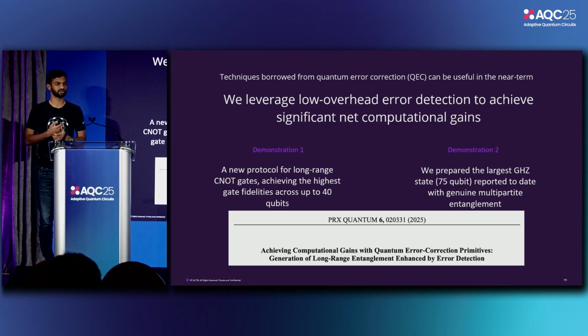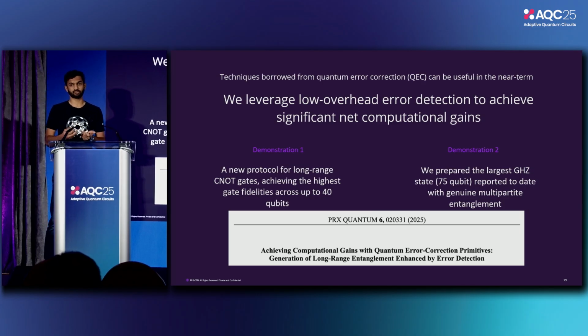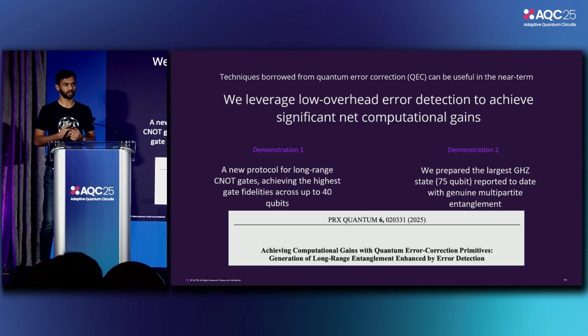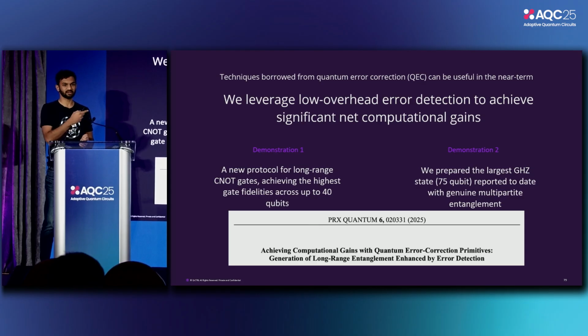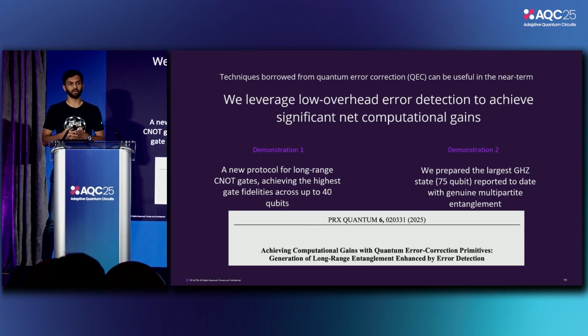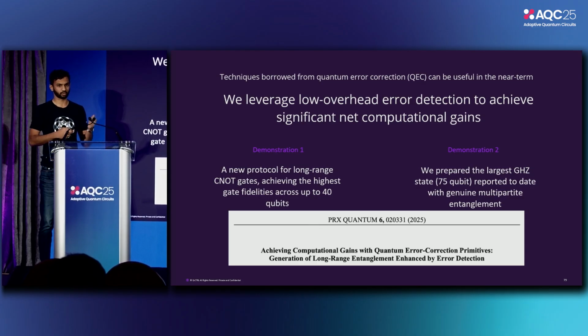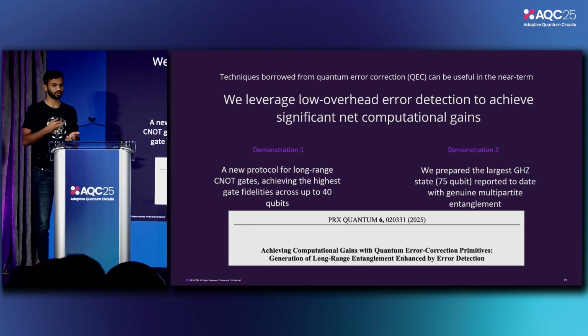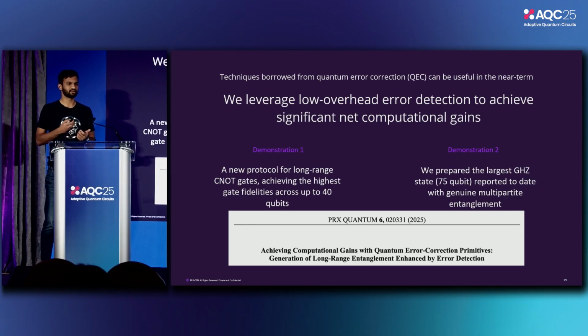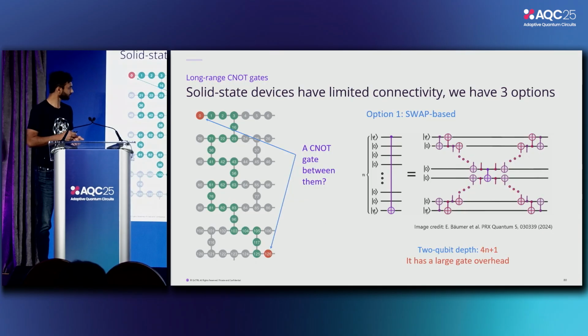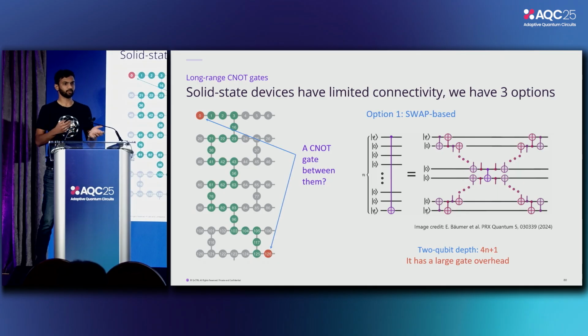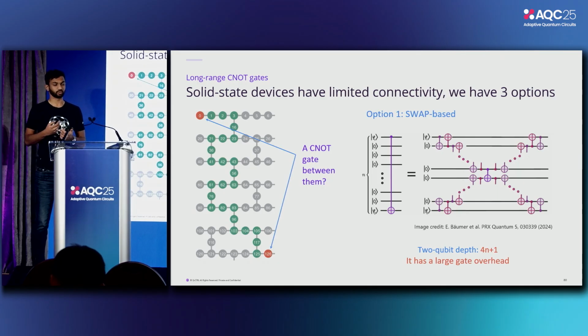It was a 75 qubit GHZ state verified through multipartite entanglement fidelity. Last month, I know that IBM refined these methods and, also improving the hardware, was able to boost it up to 120 qubits. So it really is showing that these kinds of methods are going to give us useful advantage in the near future. Let's talk about the gate teleportation first.